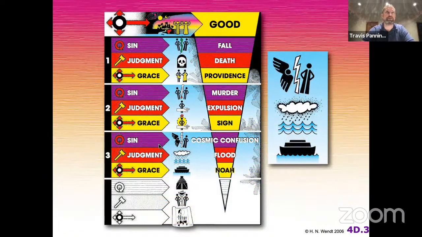In the third episode with the flood story, the sin is what happens in the first 4 verses there in chapter 6, where the heavenly beings are intimate with the earthly beings, and it's causing chaos there. Judgment is God saying all humanity is nothing but wickedness all the time, every day. And so the flood, where God steps out of the way and allows the chaos to come back.